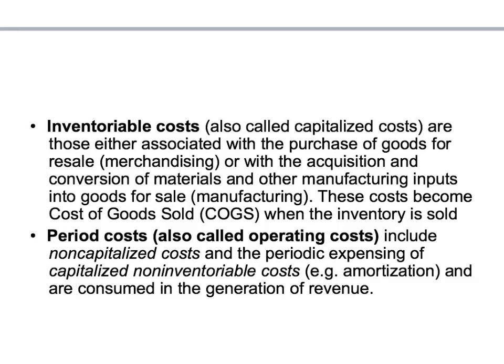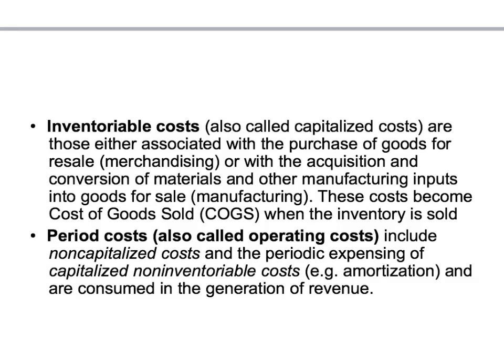Now, there's two other classifications that are so important for manufacturing cost. A manufacturer must keep track of all costs that have gone into the production of the product. You see, all those costs are actually not consumed as expenses. They're part of the cost of inventory.